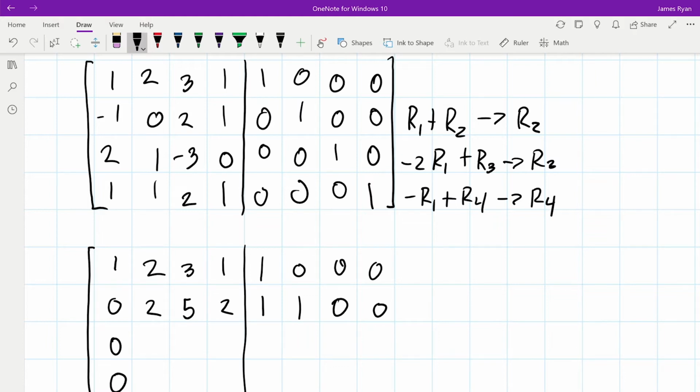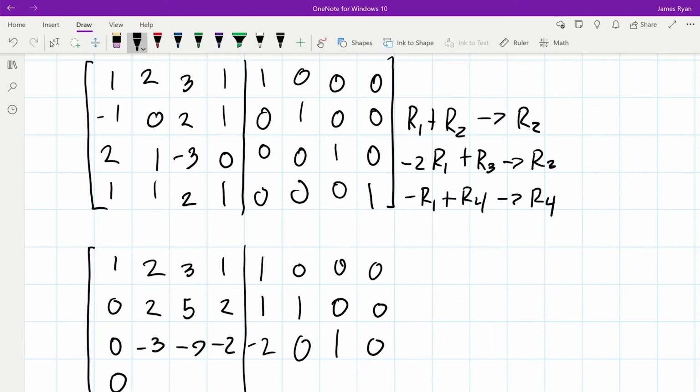And then -2 times 2 plus 1 is -3. -2 times 3 plus -3 is -9. -2 times 1 plus 0 is -2. -2 times 1 plus 0 is -2. -2 times 0 plus 0 is 0. -2 times 0 plus 1 is 1. -2 times 0 plus 0 is 0.